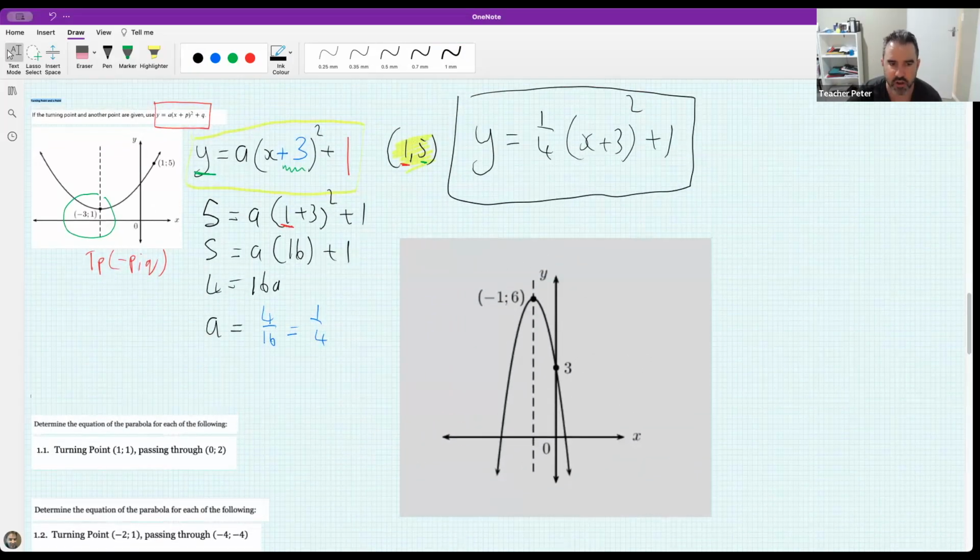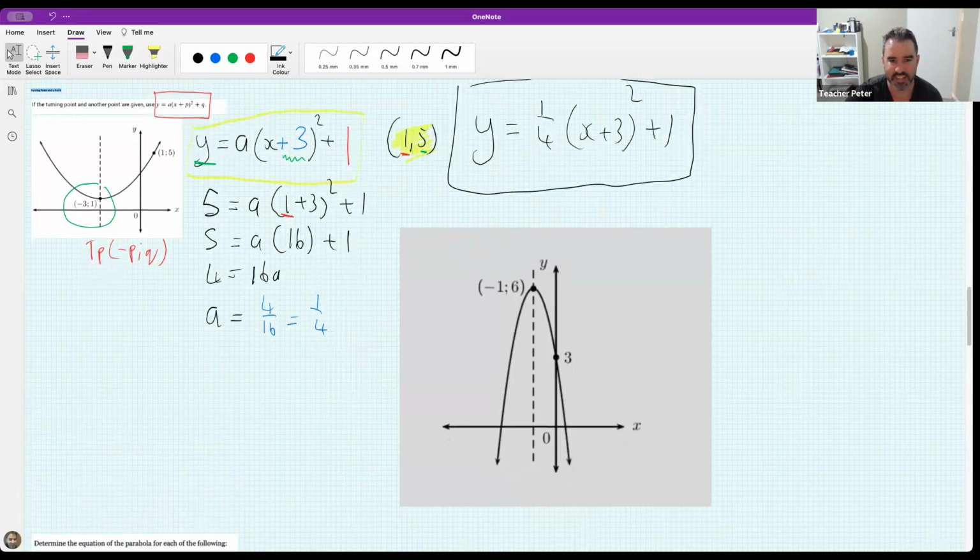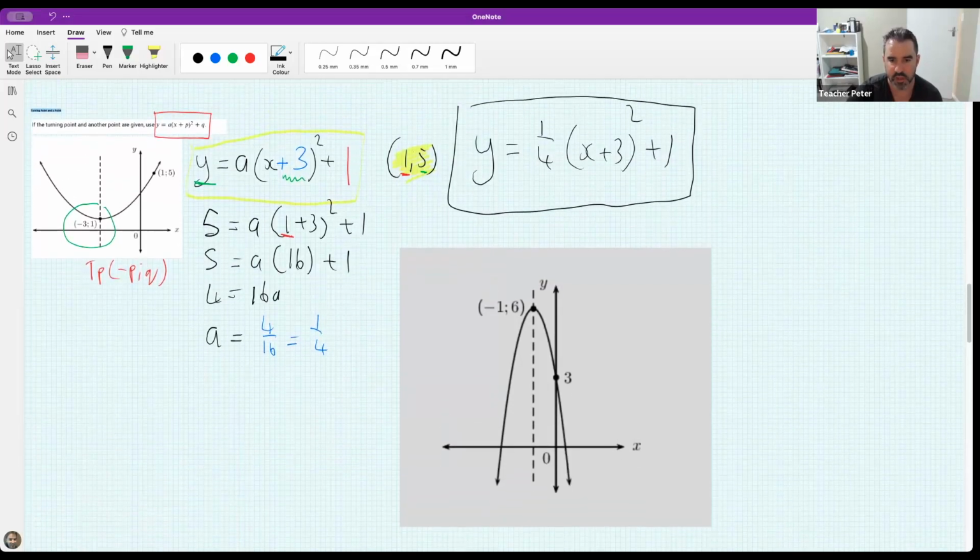So you are going to try and find me the equation in the turning point form of the gray picture on the board. The reason we're going to use the turning point form is that we are given a turning point and we are given one other point. So you're going to have to use those 2 points using the method you have up here. Okay, off you go. And then you tell me done when you are done.